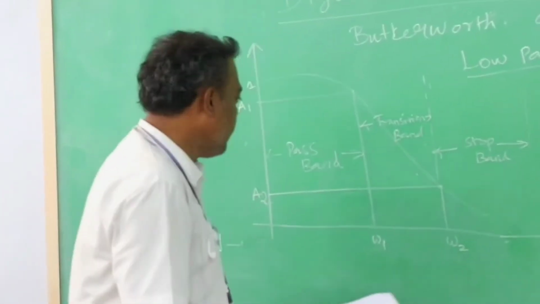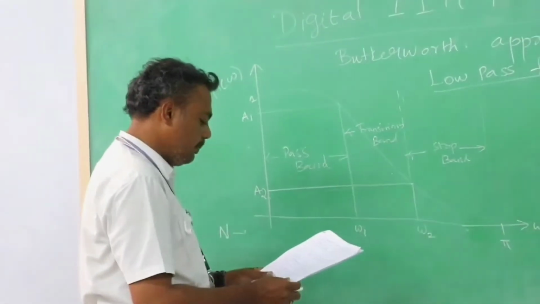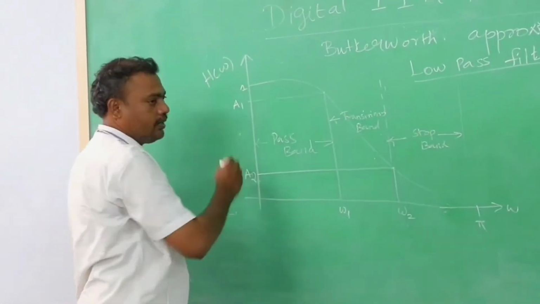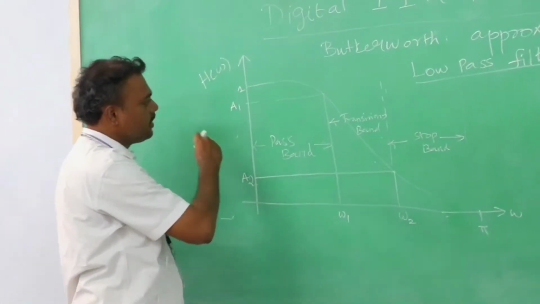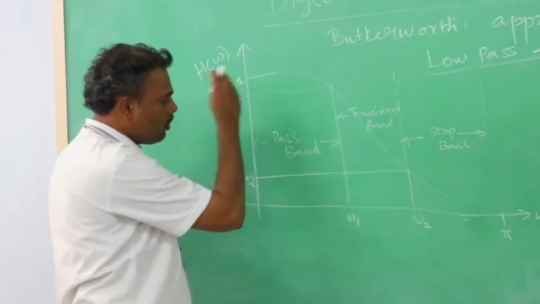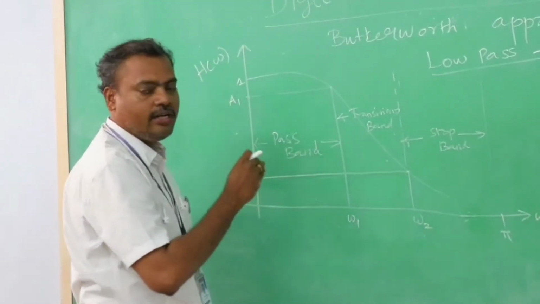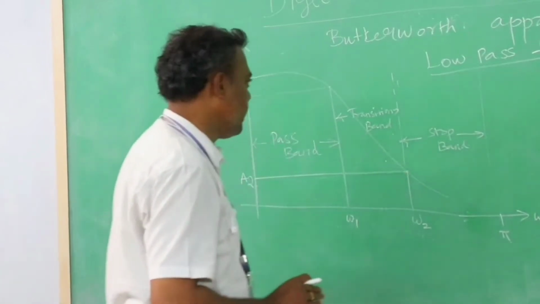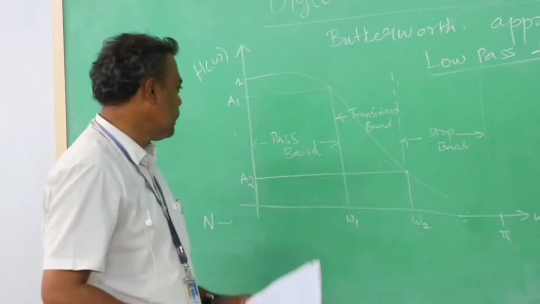Another point is the magnitude is maximally flat at the origin. Then the magnitude monotonically decreases when the frequency increases. That is the information related to the Butterworth approximation.